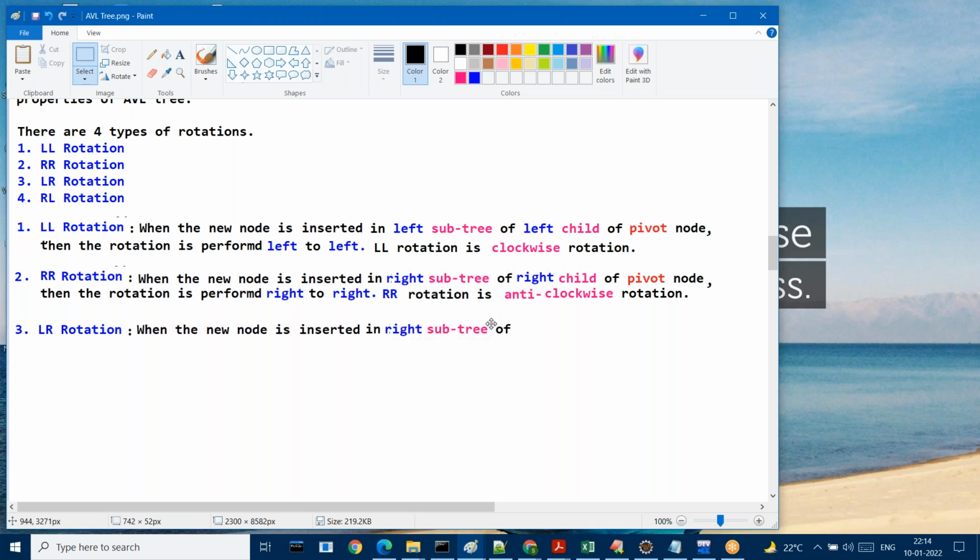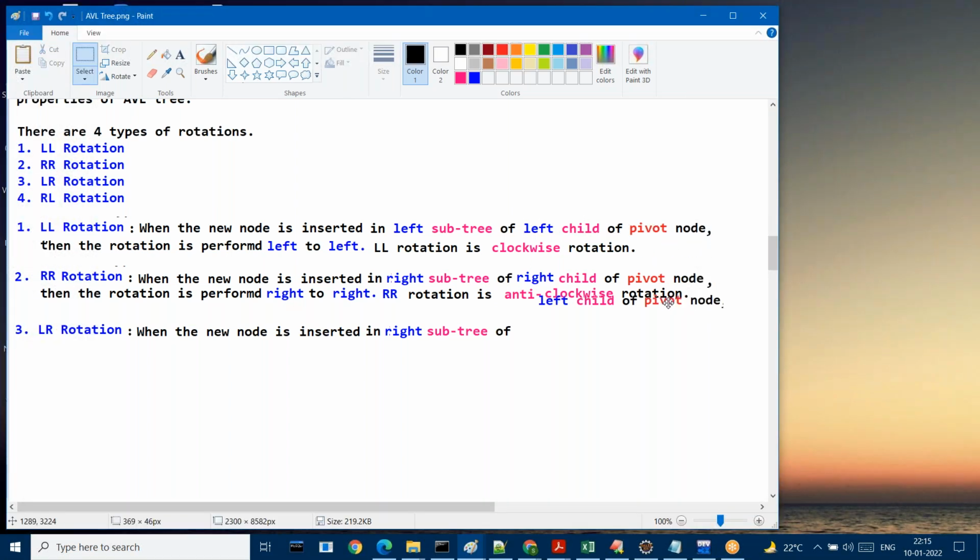When the new node is inserted in the right subtree of the left child of the pivot node. See guys, which came? Right, left. But I have to take in which direction? From here. Pivot's left child's right subtree, not from here to here. That's why the rotation is LR. Pivot's left child's right subtree.